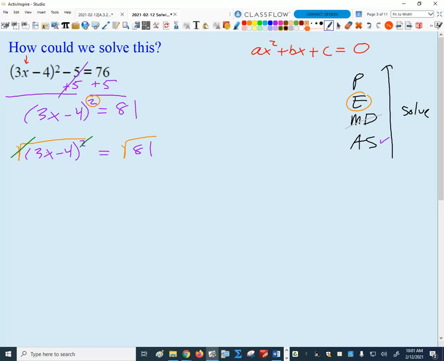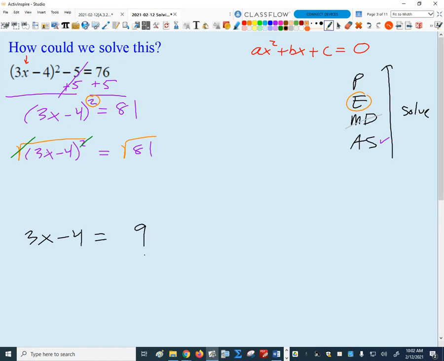Okay, so we end up with 3x minus 4 equals 9. And if we go further with that, we could add 4 and divide by 3, and we'd get 13/3 for our answer. Agreed?